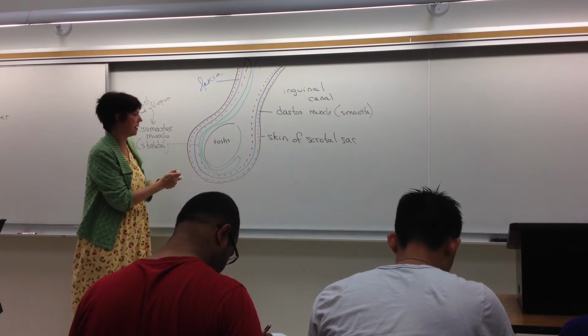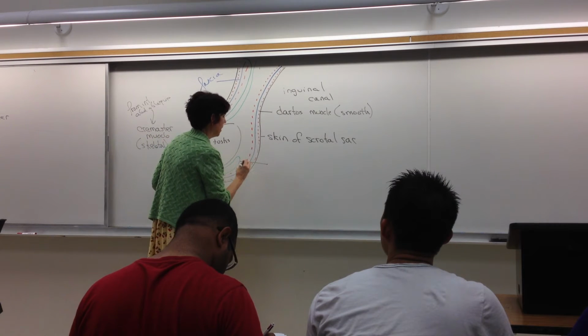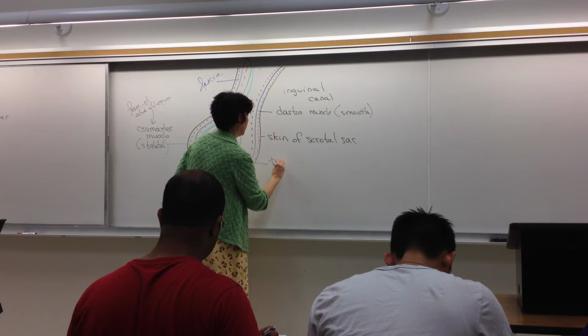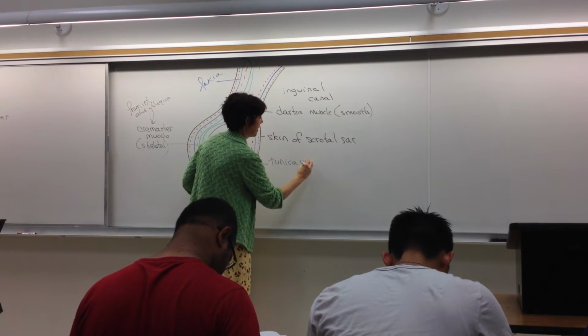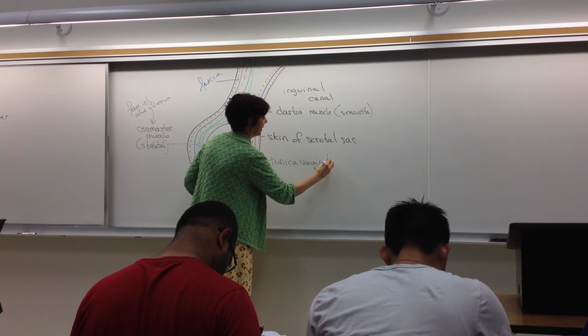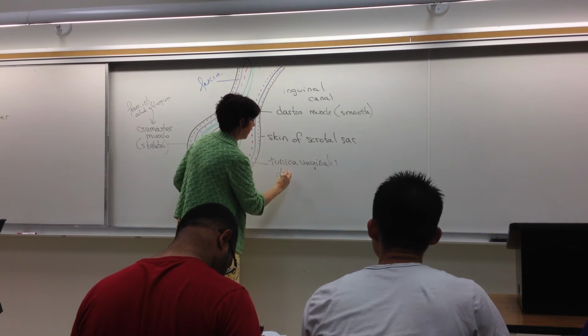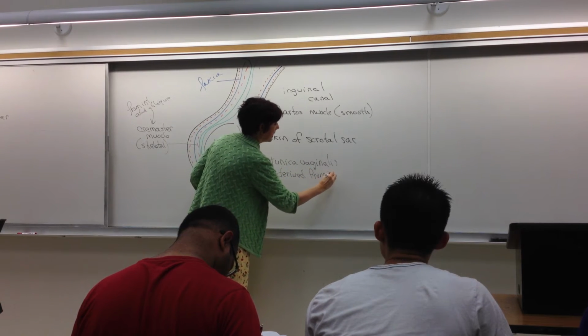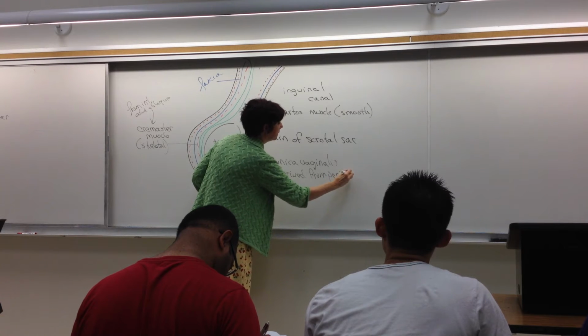You guys didn't know that you actually have two vaginas. It's called the tunica vaginalis, and it's derived from peritoneum. It's typically collapsed.